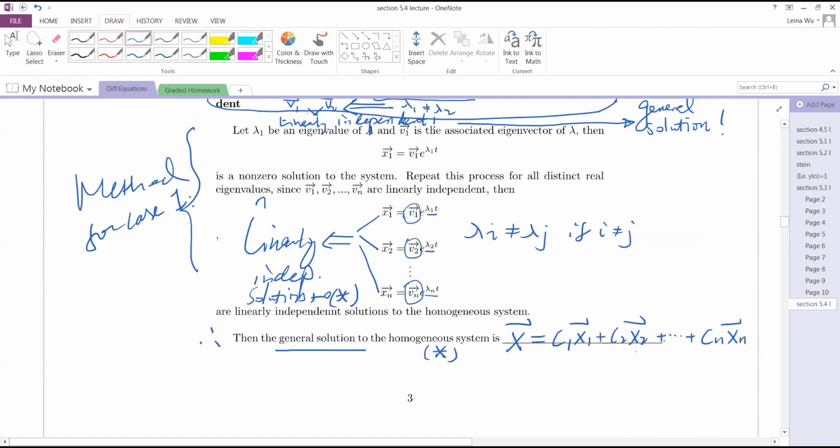Each x1, x2, up to xn is constructed from an eigenvector and its eigenvalue. So x1 here is v1 e^(lambda 1 t), and x2 here is v2 e^(lambda 2 t), and you keep adding until you get the last solution, cn vn e^(lambda n t).